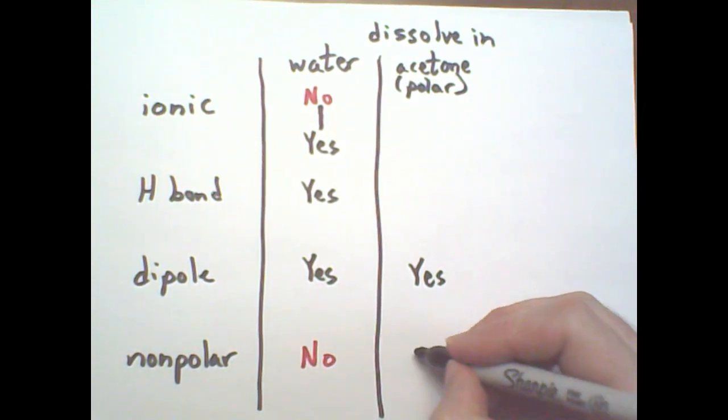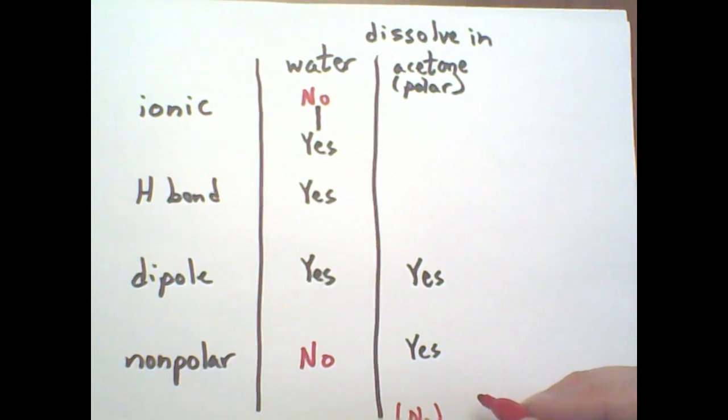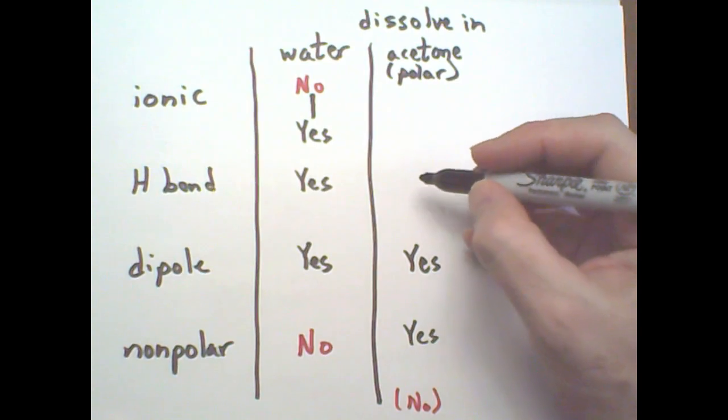Turns out lots of nonpolar molecules will dissolve in acetone. That's why it's good for removing nail polish. There are a few that acetone won't dissolve so well, but for the most part, nonpolar molecules will dissolve in acetone. You can also dissolve water in acetone.